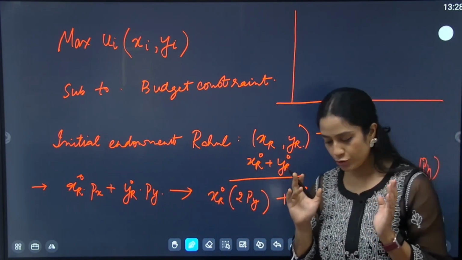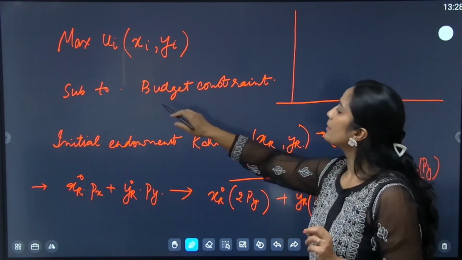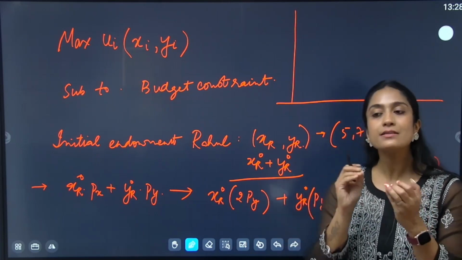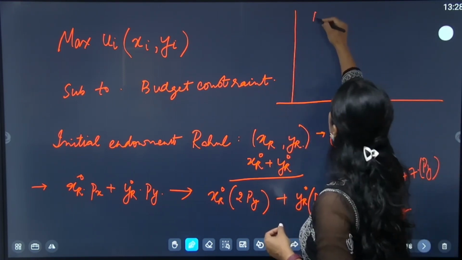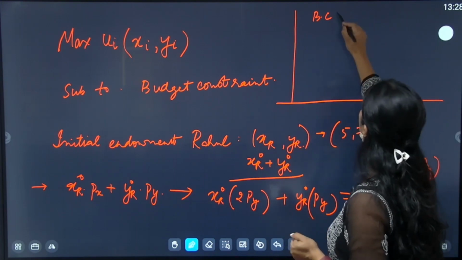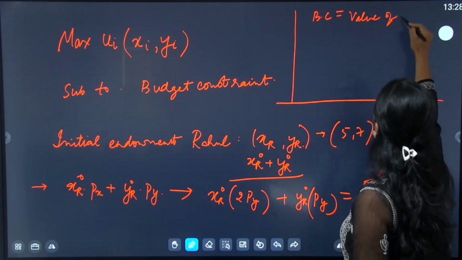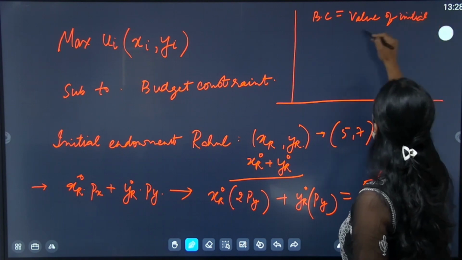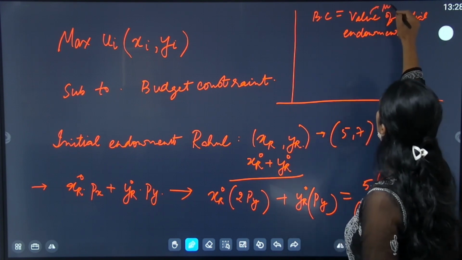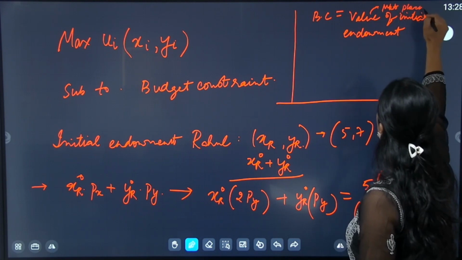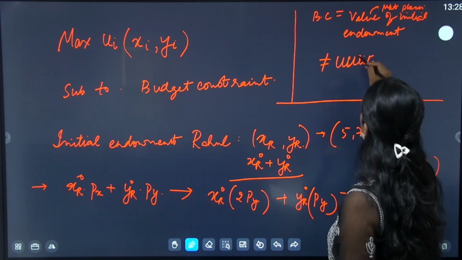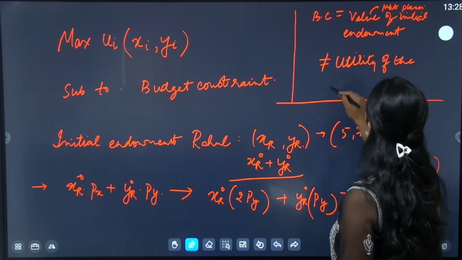Okay? So make sure you understand this, that the budget constraint is the value of your initial endowment, and this value is the value that the market places on it, and this is not equal to the utility of the initial endowment.